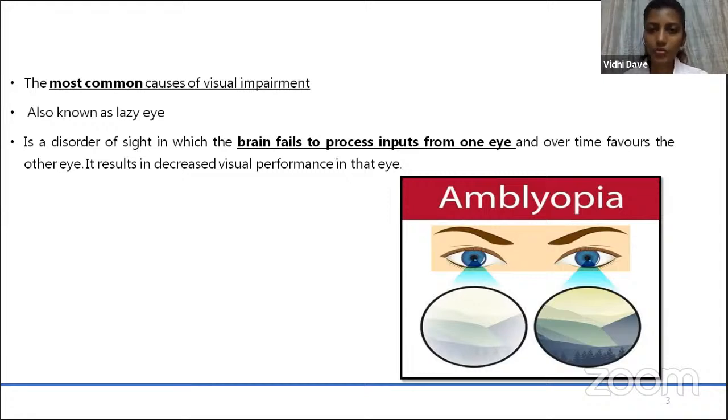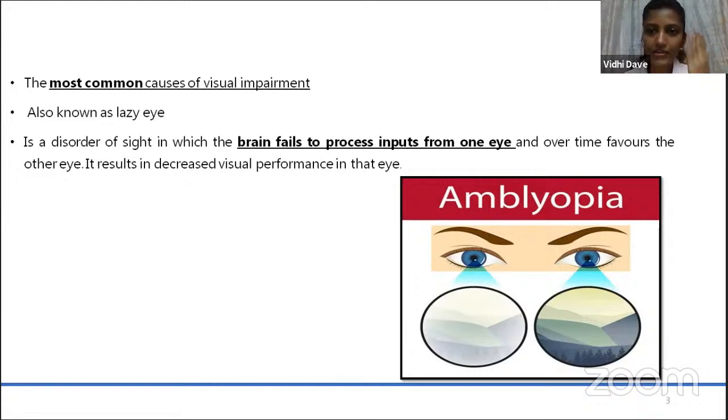To explain it in simpler words, how after stroke in unilateral neglect, the brain does not really acknowledge the movements or does not have awareness of one side of the body. Similarly, because of some issues, the brain does not acknowledge the image formed by one of the eyes. And that is when we call it amblyopia.